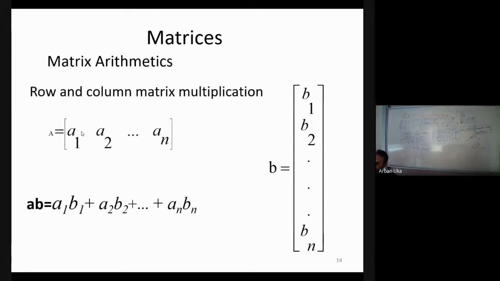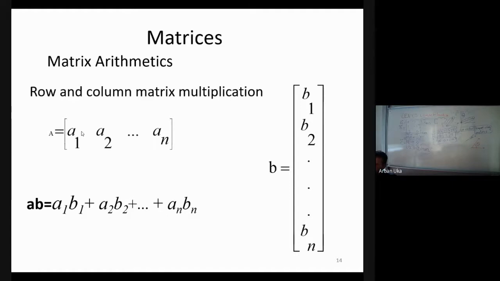Then we can also define, because this is a little simpler, we can simply multiply a vector with another vector, but it's best if it is a row times a column. In order for the multiplication to be defined, we need the number of columns in the first vector to be equal to the number of rows in the second vector.